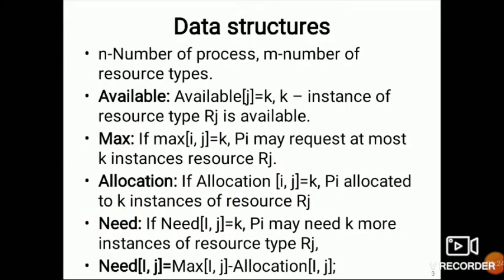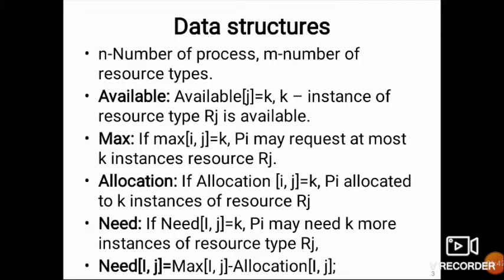First, available gives k instances of a resource type Rj that are available. Rj is a resource type for which k number of instances can be allocated.